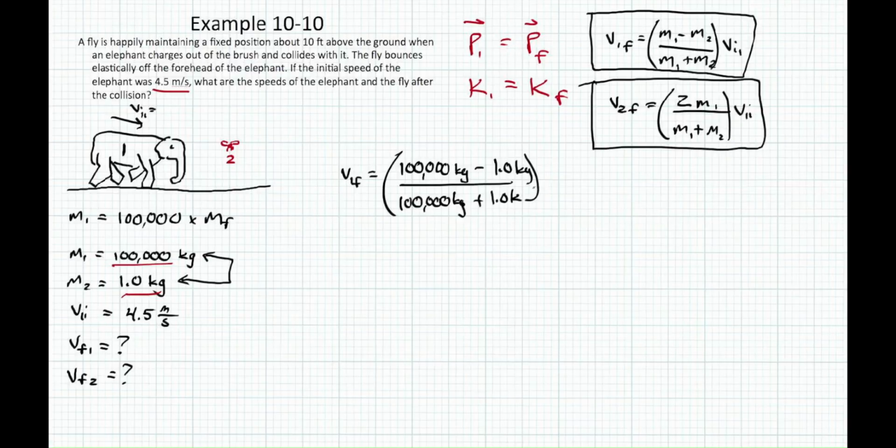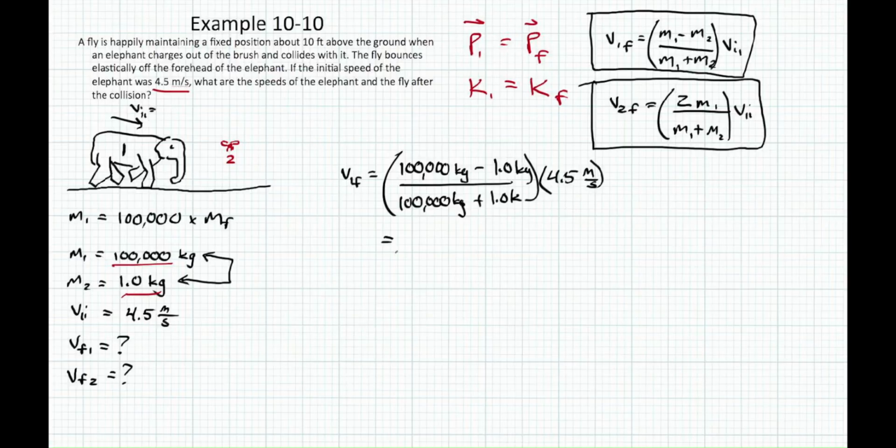And we're seeing how their great difference in size is going to result in not too much of a change in this fraction right here. And all that is multiplied times the initial velocity of object 1, that's 4.5 meters per second.